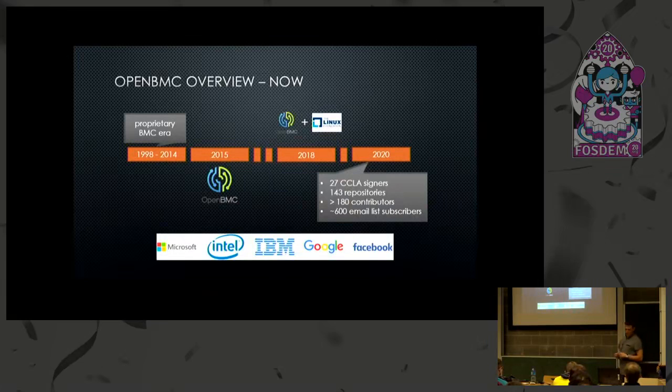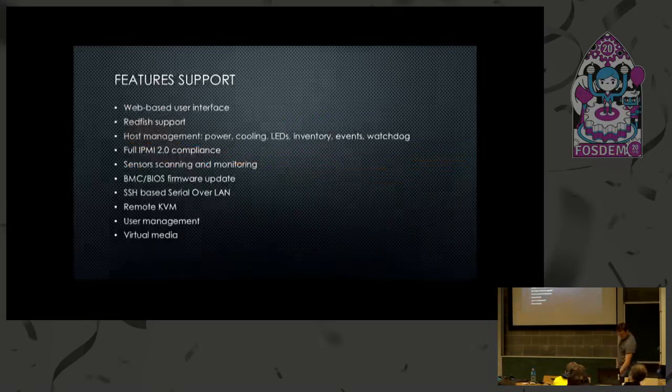So between 2015 and 2018, there was rapid growth of the community, and as a result, in 2018, OpenBMC became a Linux Foundation project. And in 2020, we have around 30 companies contributing to the source code, something around 140 repositories, and a lot of subscribers to the mailing list.